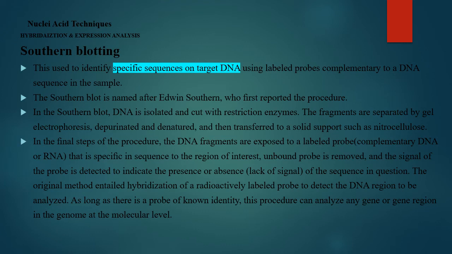So you first isolate them from the cells, cut them with restriction enzymes, break them into fragments, run them on a gel, denature them, and then transfer them to a solid support such as nitrocellulose.